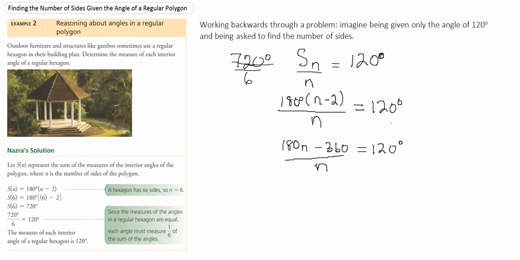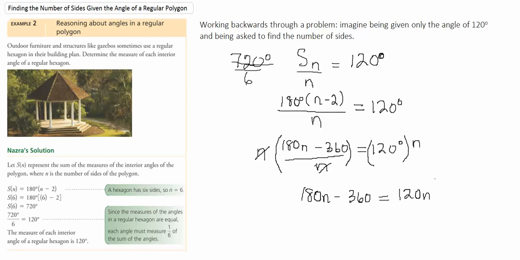Now, remember that anytime we have a variable in the denominator, it's essential that we bring it out of the denominator, and we do that by multiplying both sides by the denominator. So we're going to multiply both sides by n. Here we cancel n, and on the other side we have 120n, so we have 180n minus 360 equal to 120n.